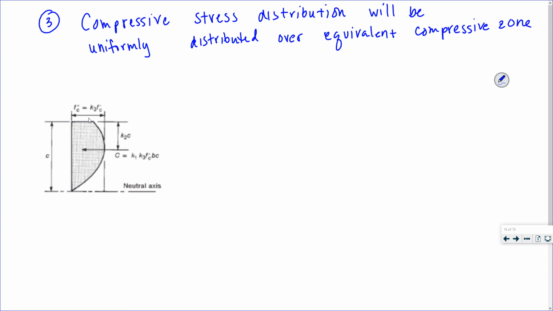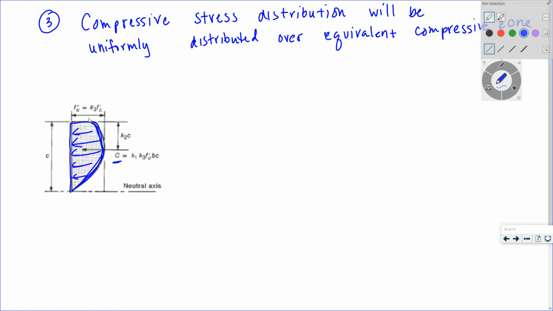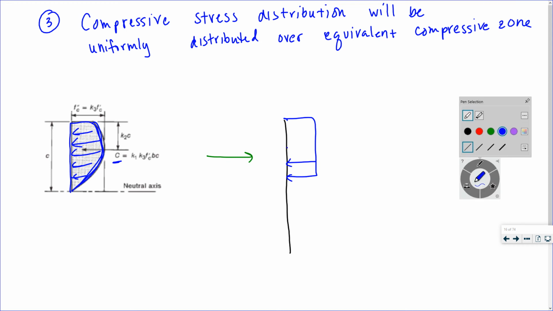To find the area to get that compressive force, we're going to make it into an equivalent uniformly distributed compressive zone.